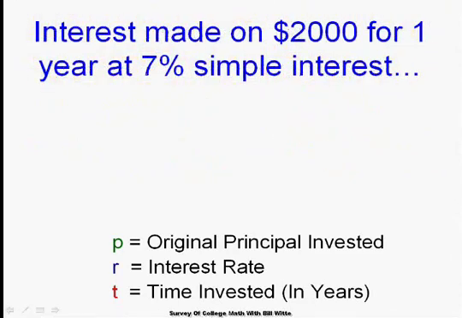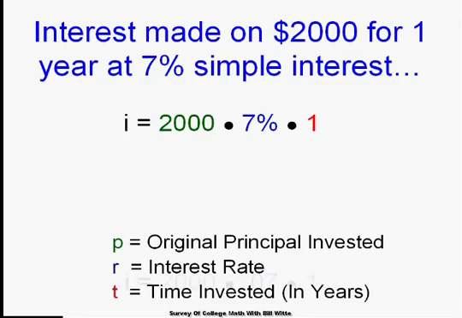Allow me to demonstrate. Okay, let's look at a typical problem. We want to know the interest that we would make on $2,000 for 1 year at the rate of 7% simple interest. Now, they said simple interest in this problem, so that's just per year. So we're going to take the principal, 2,000, multiply by 7%, and multiply by the time, in this case 1 year.